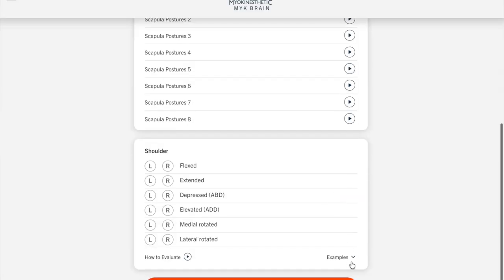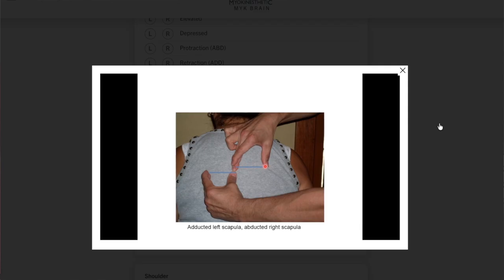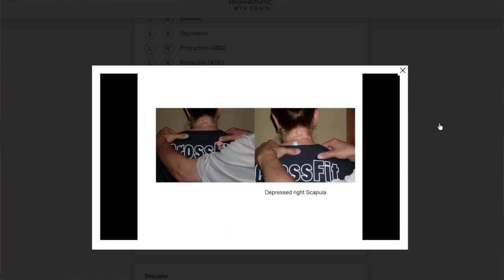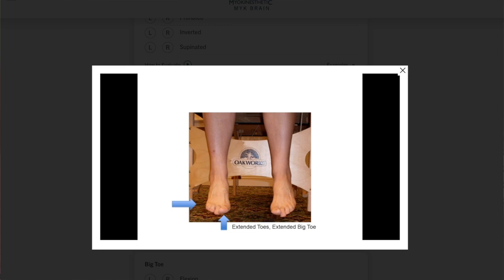This isn't just a postural analysis software. Inside the MYK brain, you'll find one of the most comprehensive guided posture practice libraries ever built, with more than 1,000 real patient and student postural examples. And it isn't just a library of treatment videos either.